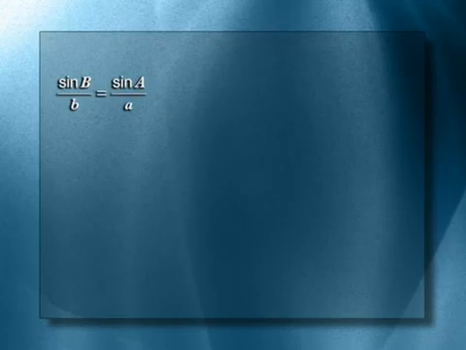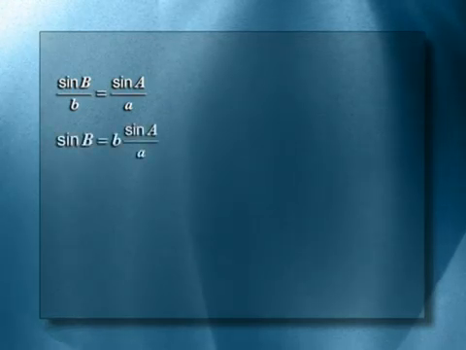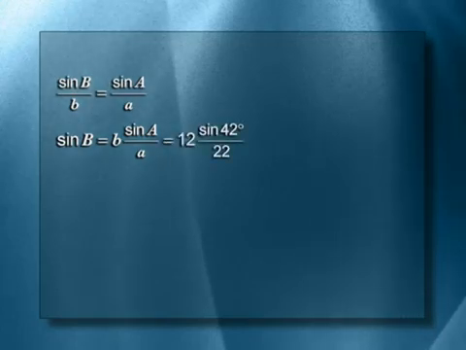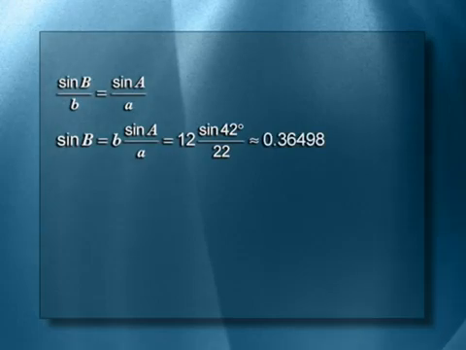We use the law of sines. Sine B over b equals sine A over a. So sine B equals b times sine A divided by a. Plug in the characters. 12 sine 42 over 22 equals approximately 0.36498. I did that on my calculator, of course. All right, so here's one of the interesting points.